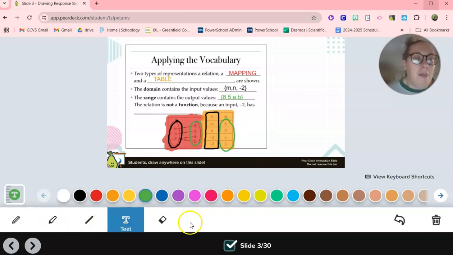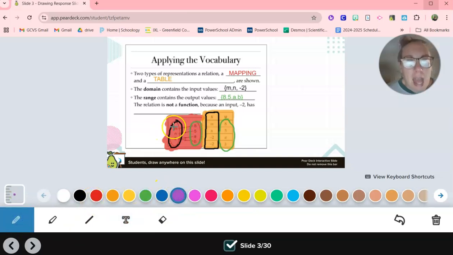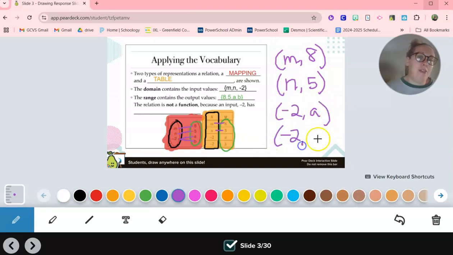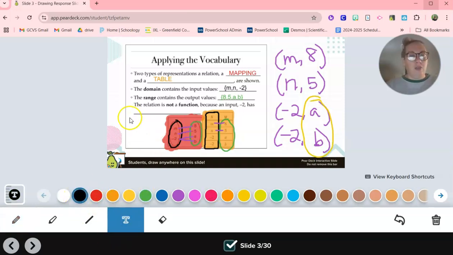So we can see in our mapping down below that M maps to 8. So, right, this is a coordinate. This coordinate is M, 8. N maps to 5. So there's our next coordinate, N, 5. And then negative 2 maps to two things. It maps to an A and it maps to a B. So this is not a function because negative 2 has two different outputs.